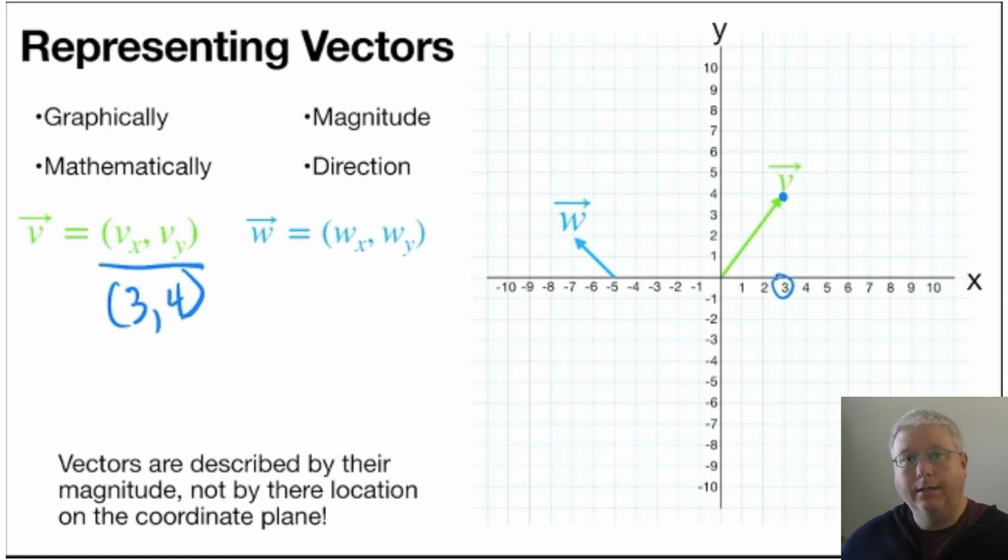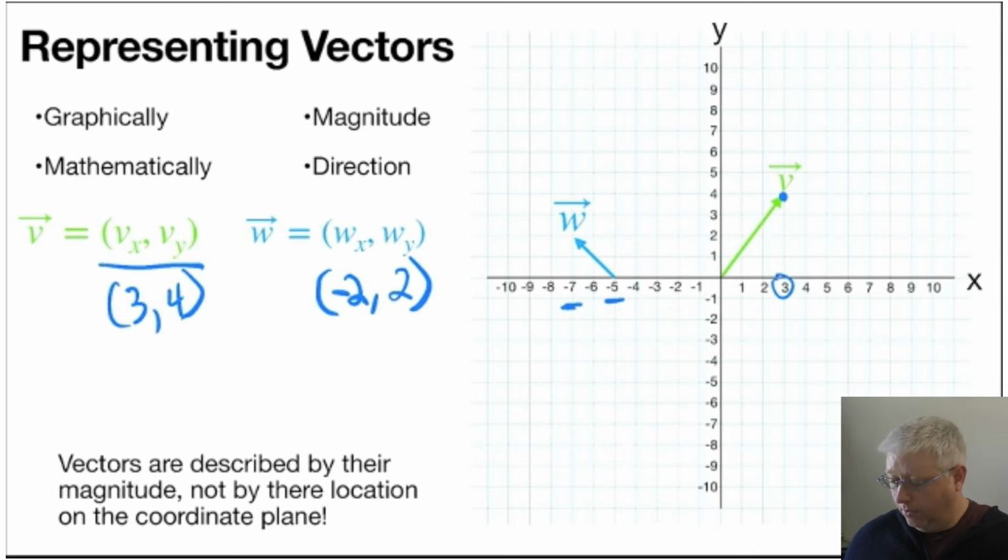So when we look at vector w, we see that its tail starts at minus 5 on the x-axis, and its head ends at minus 7. So that's a displacement of 2. So its x-coordinate would be minus 2. All right, and its y-coordinate, on the y-axis, it starts off at 0 and goes up to 2. So that would also be positive 2.